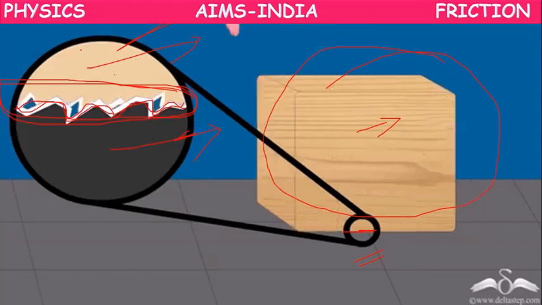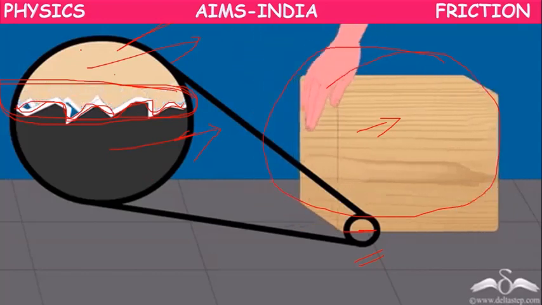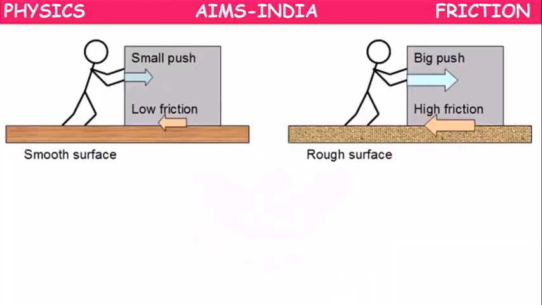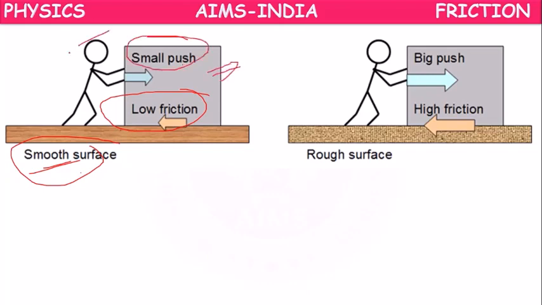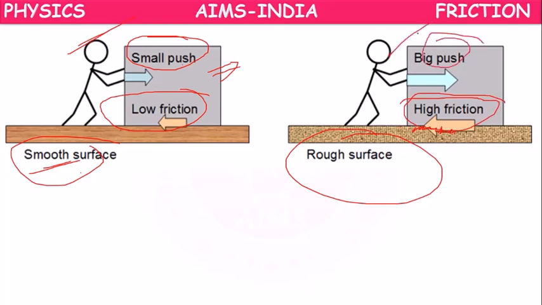Smooth surfaces will show low friction, so we have to apply a small push or small force to move this block. But rough surfaces have many irregularities, so they will show high friction, and we have to apply a big push or more force to move the block.